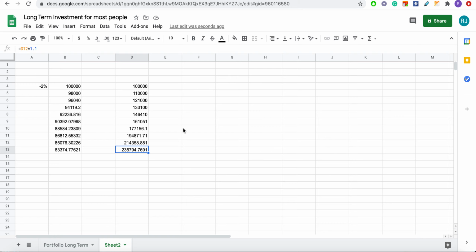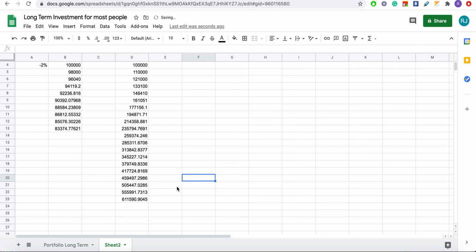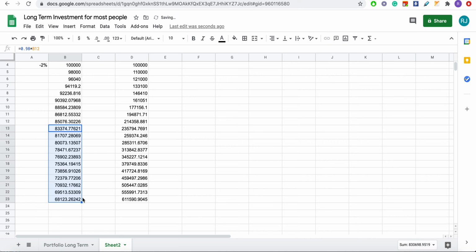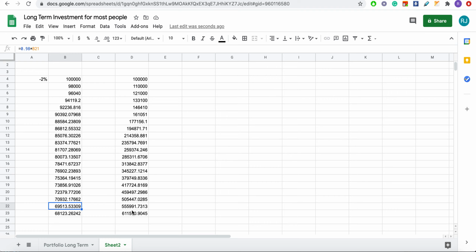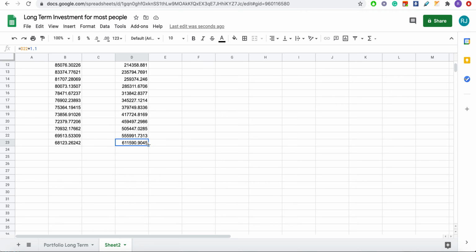That's 235% within 10 years. And the rate of growth is exponential, on both sides. If you look at 2013 to 2023, for 20 years, it's 611,000, whereas if you just leave it in cash, it's almost 68,000. So it will probably become half in 30 years. But if you look at the long term, you will be a millionaire by 30 years, probably even sooner.